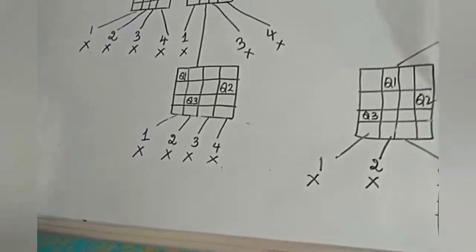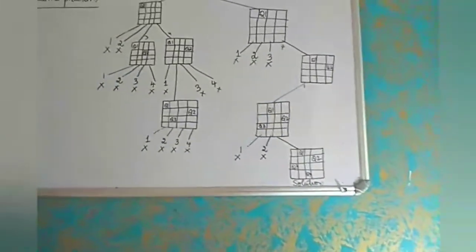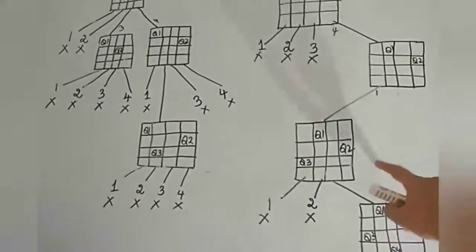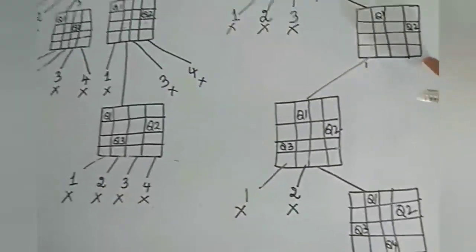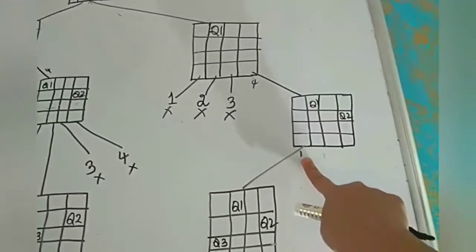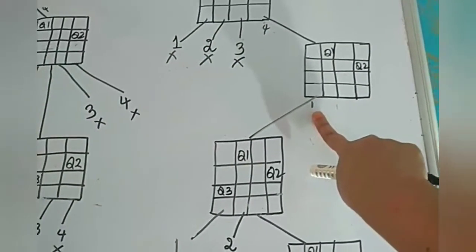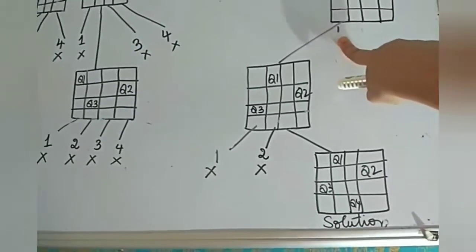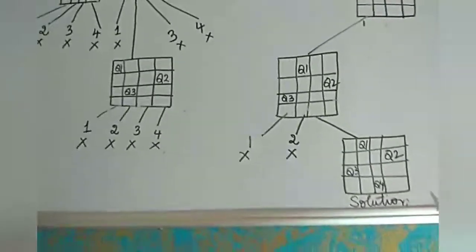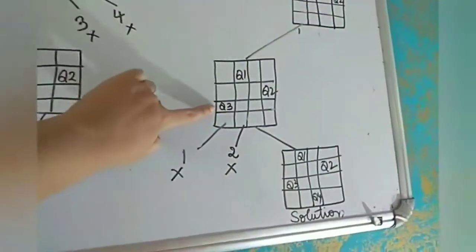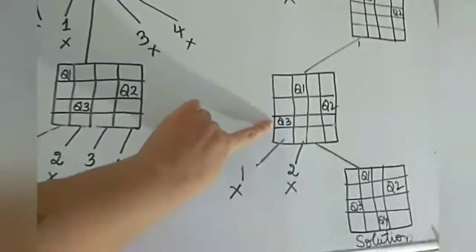That is not possible. So what you will do? Again you backtrack, go back to this node. Here you have considered only one option, wherein you have placed q3 in the first column.